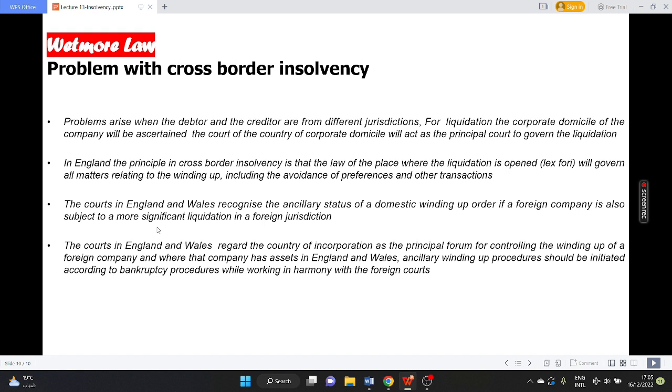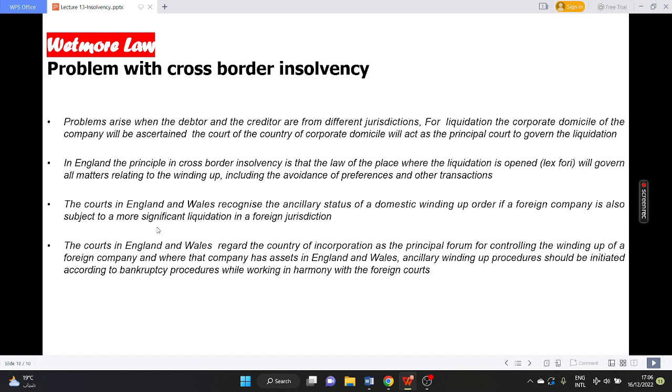Problem with cross-border insolvency. Problems arise when the debtor and the creditor are from different jurisdictions. For liquidation, the corporate domicile of the company will be ascertained, and the court of the country of corporate domicile will act as the principal court to govern the liquidation.